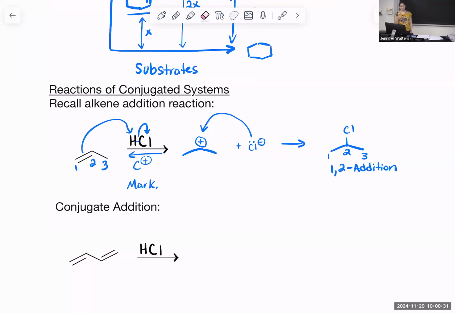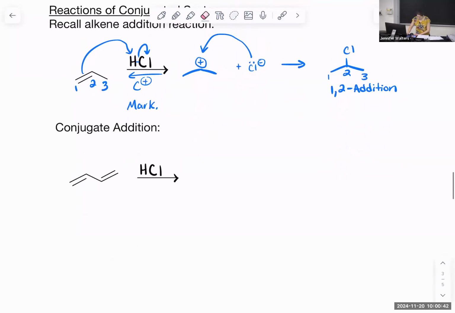With our conjugated dienes, we're going to also be able to have that 1,2 addition, but we're going to get another product. If I look at just normal 1,2 addition, it is the same deal: my pi bond attacks the strong acid, the bond breaks, we give the electrons to chlorine. I tried to draw the line in there because I'm trying to cheat, but that bond is there.